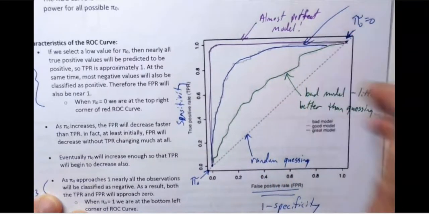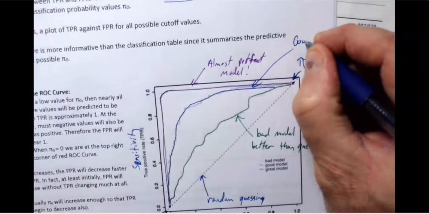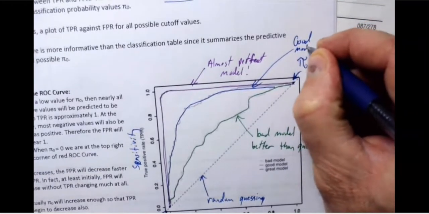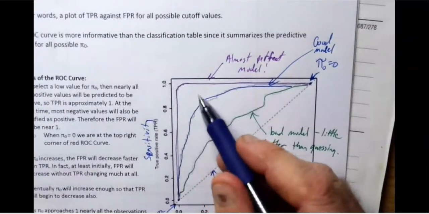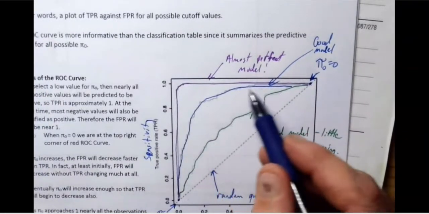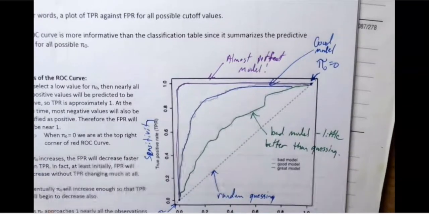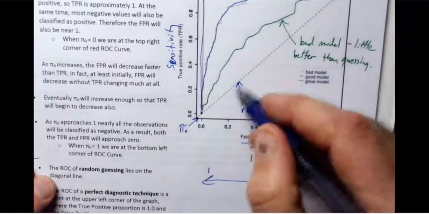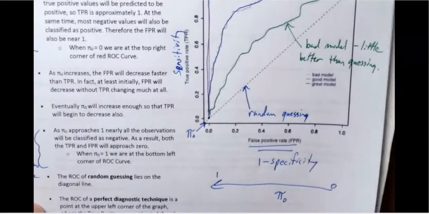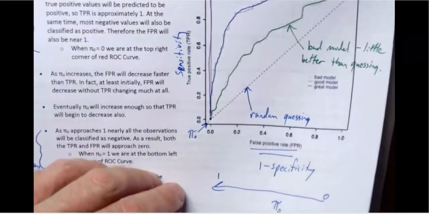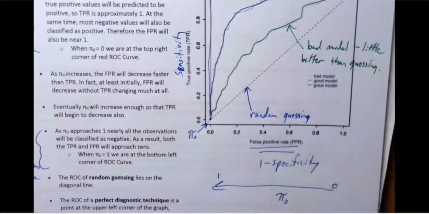And that is actually a good model. So we'd like to see the purple curve, but we don't often see that. But what we often see is something hopefully like the blue curve. And we want to stay away from things that look like the green curve. Okay, so that's the setup for ROC curves. And I think what I'll do is pause this.